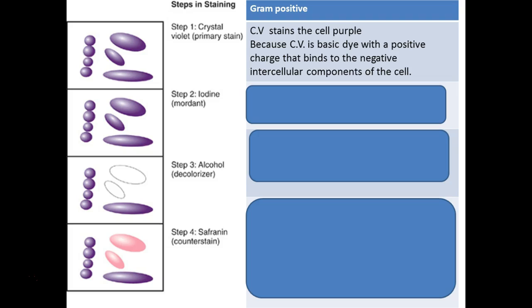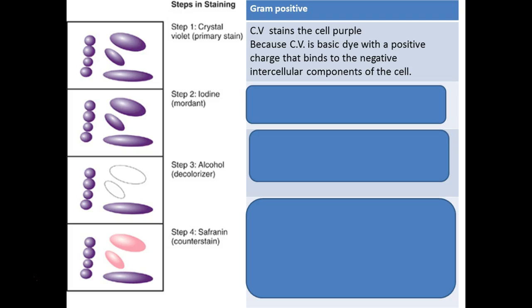Okay, next step is iodine. What happens when we add iodine? Do we see any color change here? No, everything's still purple. Where did the iodine go? Inside the cell. Is that it? It just went inside? I think it's mixing along with the other dye. Iodine and crystal violet bind with each other.